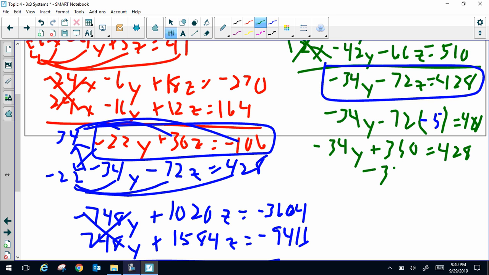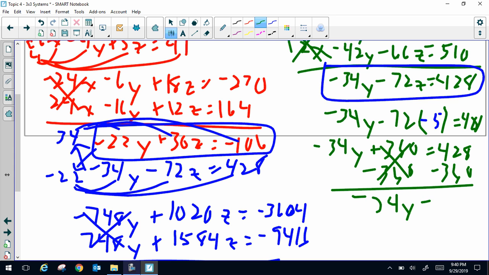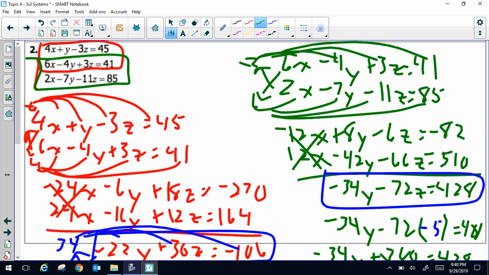Subtract the 360 from both sides. So negative 34y equals 68. So y would equal negative 2. Then you have to choose one of the original equations. Again, I just choose the top one. Doesn't matter which one you choose.